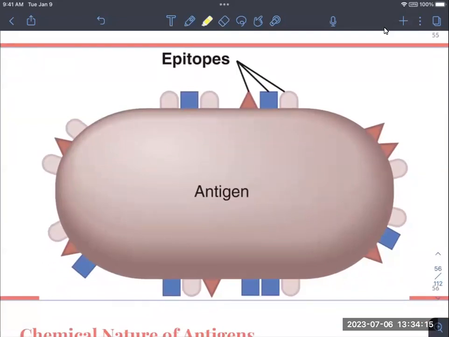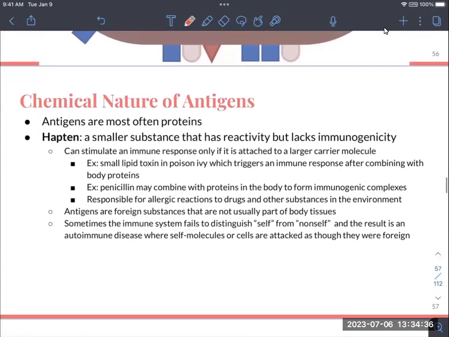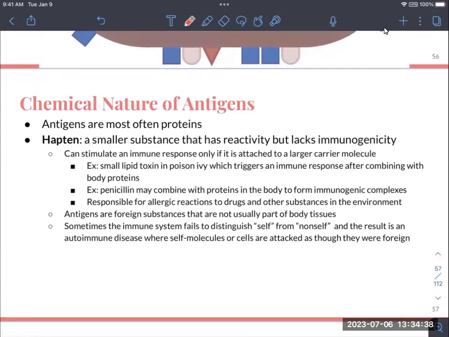These different markers on top, or all around this antigen really, are what are considered those epitopes. These epitopes all work to allow specific responses. So most antigens are going to be proteins. They're specific protein markers that are put on cells.